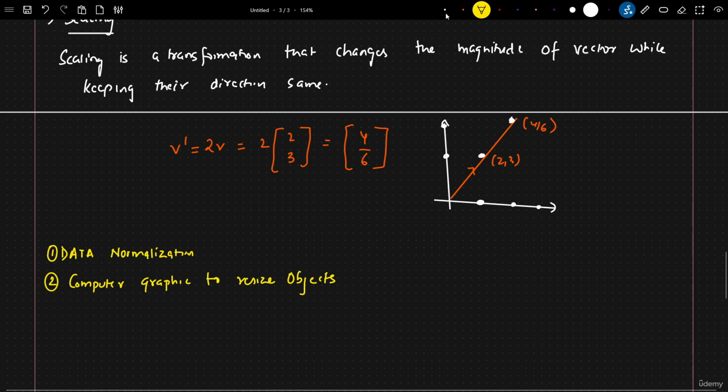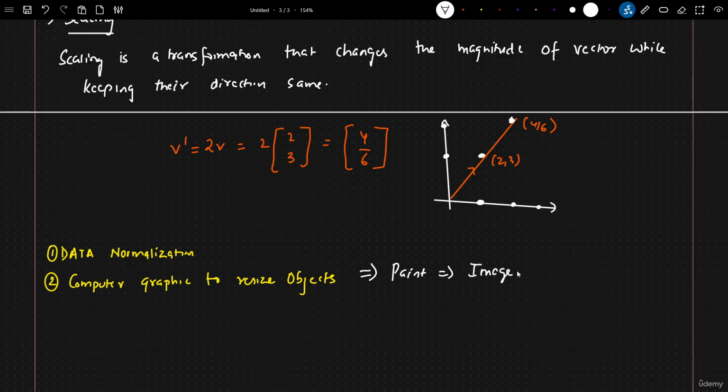One example: just open Paint, put up any image and resize it. There also we use scaling. The direction will be the same, but we change the pixels, we change the magnitude of the pixels in short. So this is the application part when we discuss scaling.